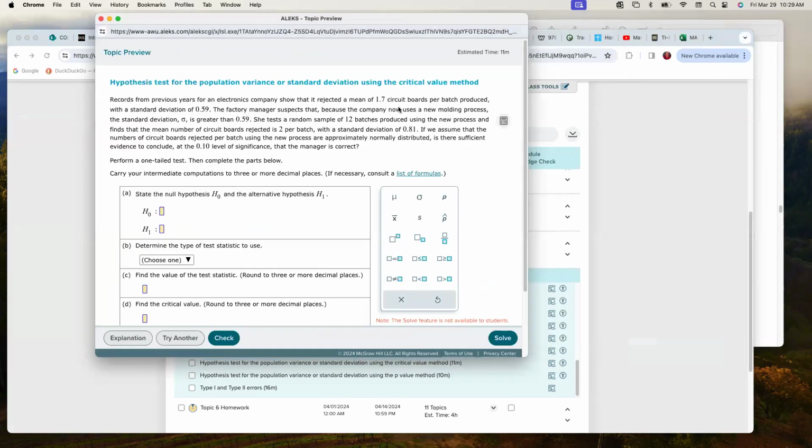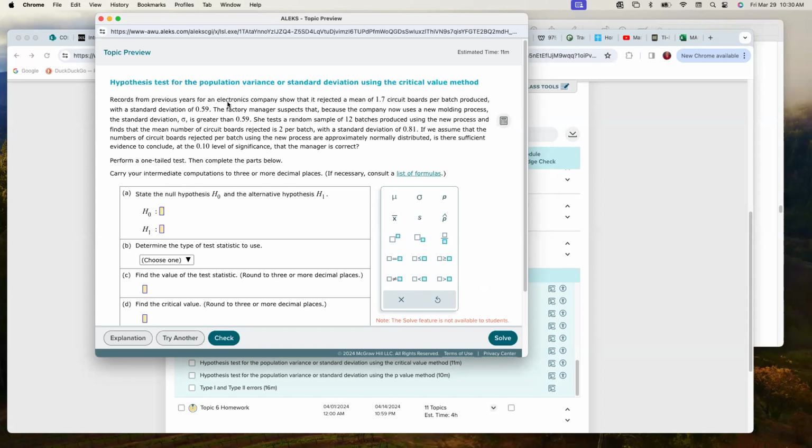Here we're dealing with records from an electronics company that show it rejected an average of 1.7 circuit boards per batch, with a standard deviation of 0.59. So we're going to be dealing with the standard deviation here. It's nice because the spreadsheet's set up so you don't have to do the square rooting when they give you the variances.